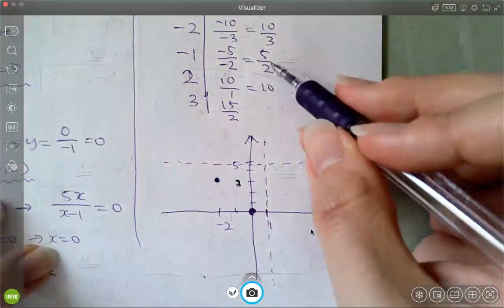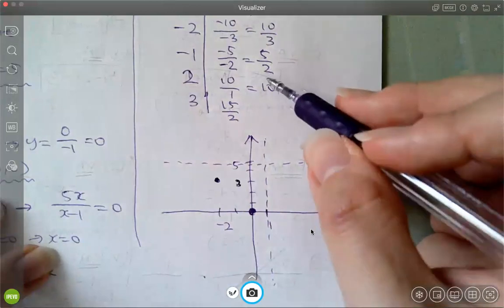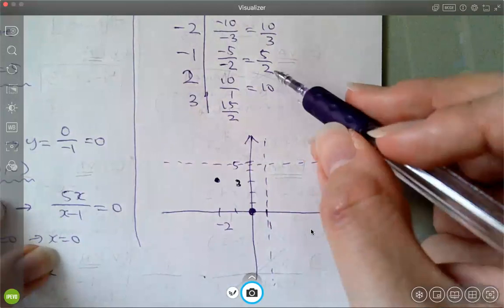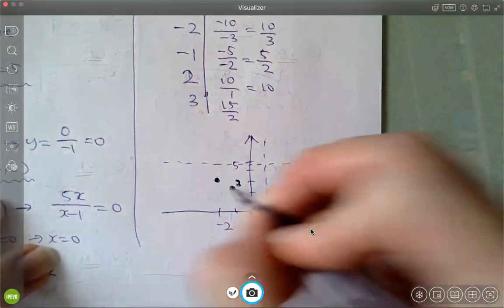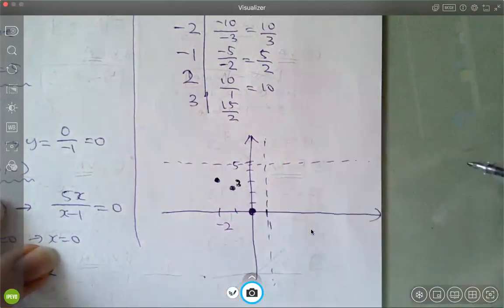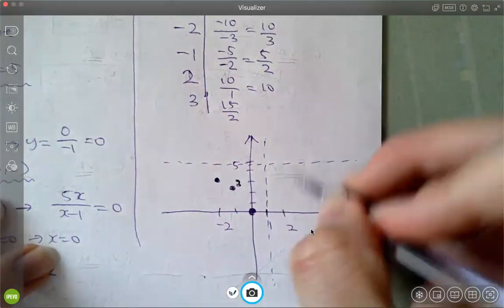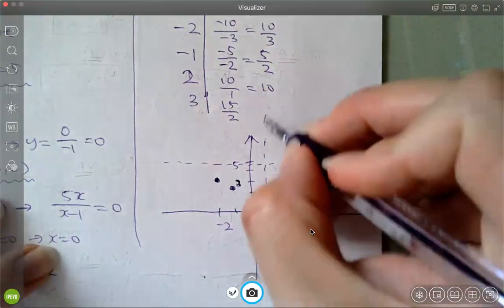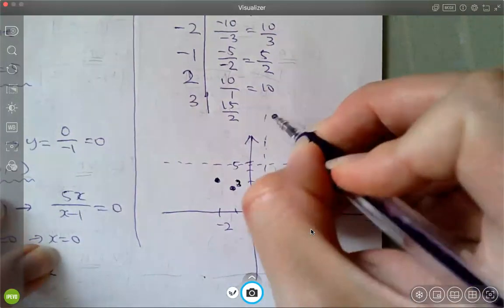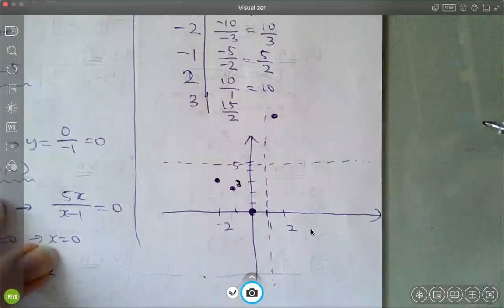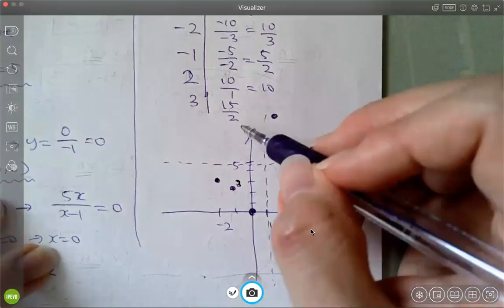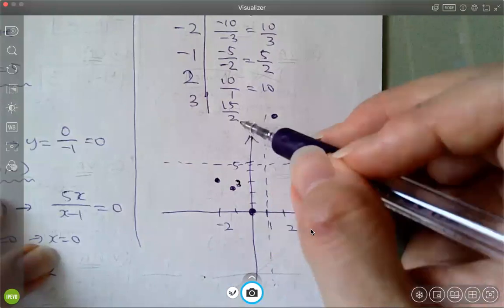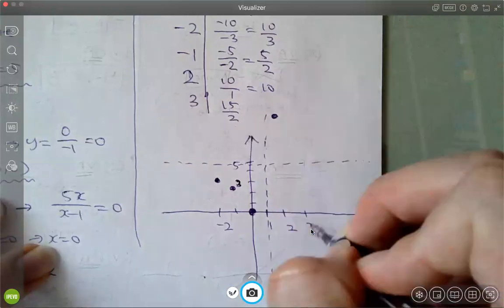So 5/2 is what? 2.5, right? So that will be somewhere here. And then (2, 10), so that's way up there. And then (3, 15/2). 15/2 is what? 7.5, right? So that means maybe somewhere here.